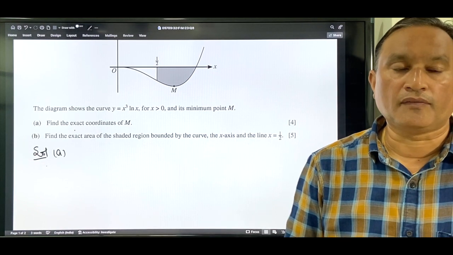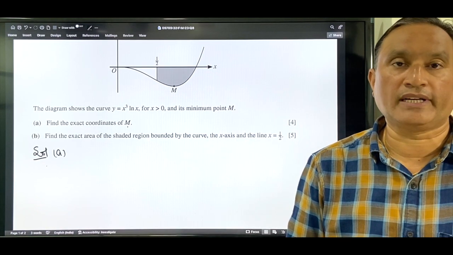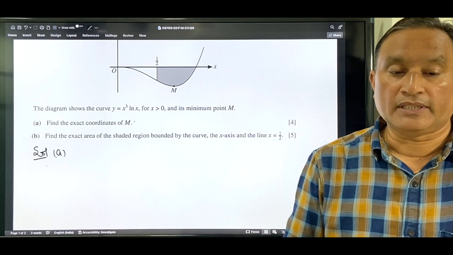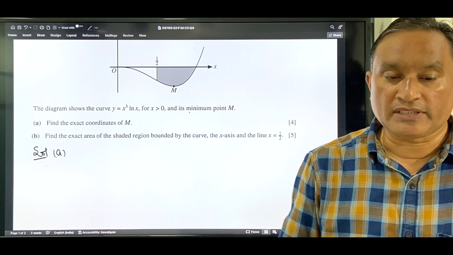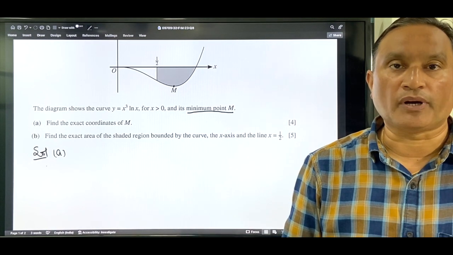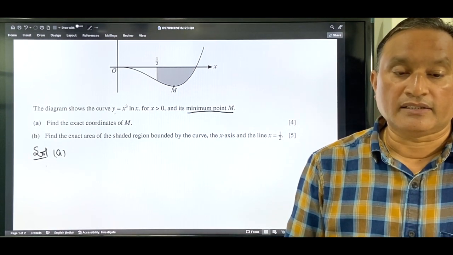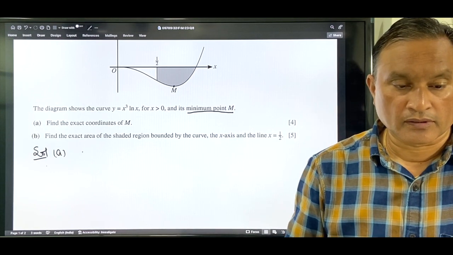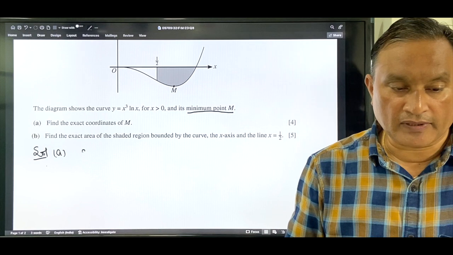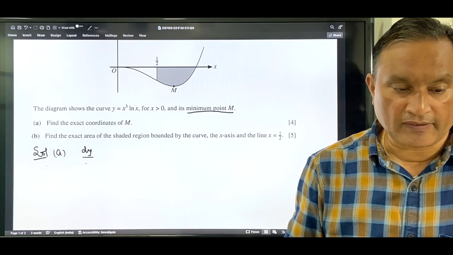In part A, we have to find the exact coordinates of the point M. Now in the figure, it is already mentioned that this is the minimum point. It means that the point M would be the stationary point. Therefore, first we will have to find dy/dx.